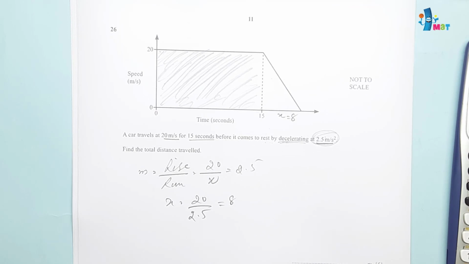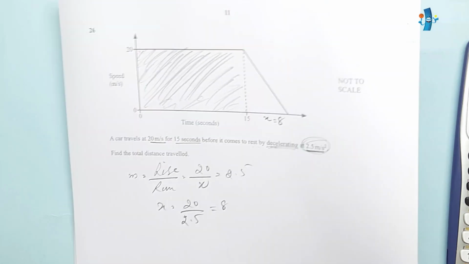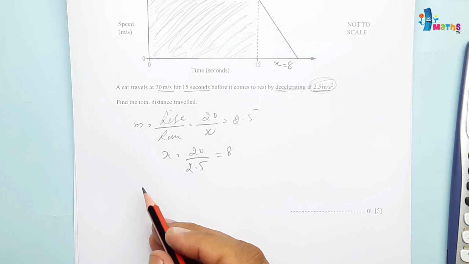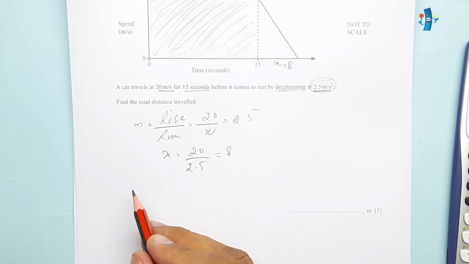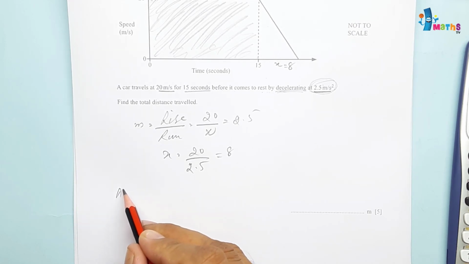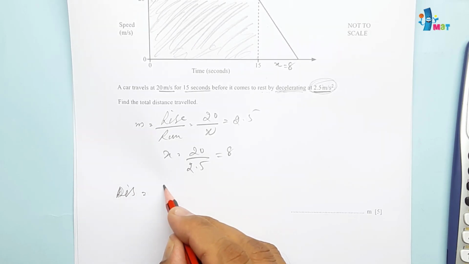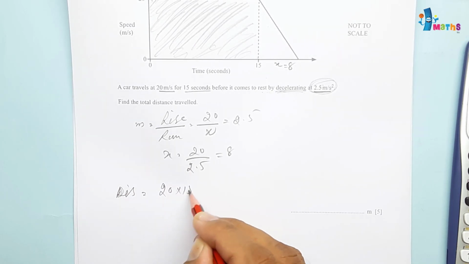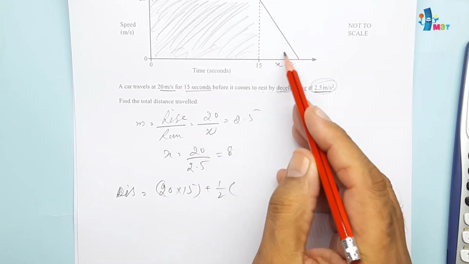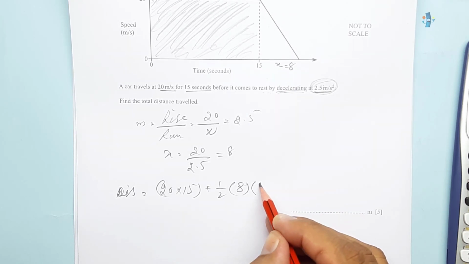Now we are in a position to calculate the area of both the shapes. So adding the area of both the shapes will give us the distance covered. So the distance is equal to 20 multiplied by 15, which is the area of the rectangle, plus half into base, which is 8, into height, which is 20, for the triangle.